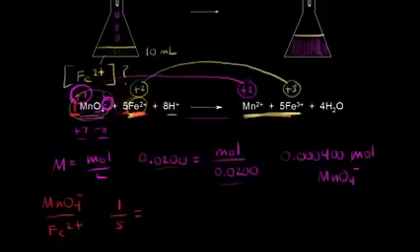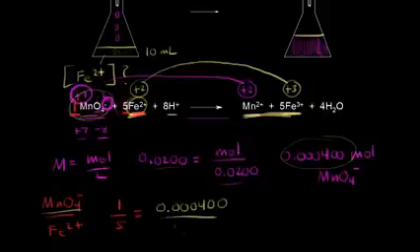1 over 5 is equal to, well, we need to keep permanganate in the numerator here. How many moles of permanganate were necessary to react with the iron 2+? That was 0.0004. So we have 0.0004 moles of permanganate. And so X would represent how many moles of iron 2+ we originally started with.